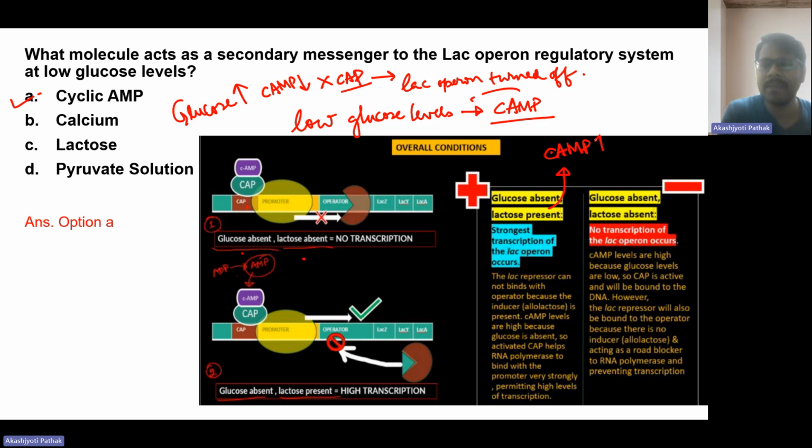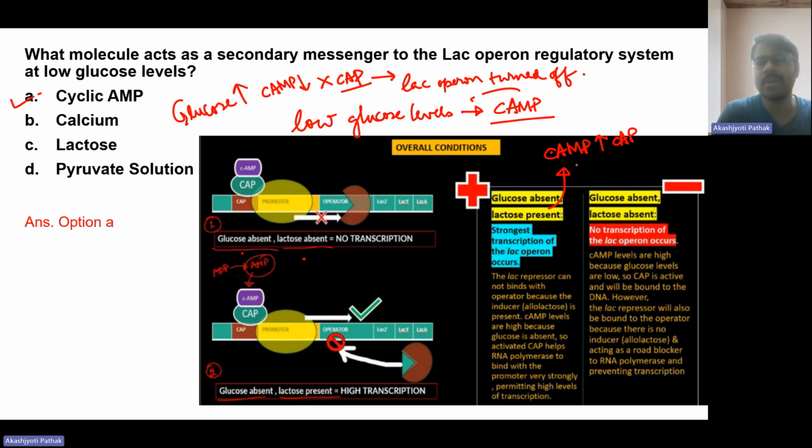As the cyclic AMP levels are high, the catabolite activator protein can bind to the CAP site, and this CAP protein basically acts as an enhancer. It enhances the activity of the RNA polymerase, and so the transcription rate of this lac operon will increase several-fold.